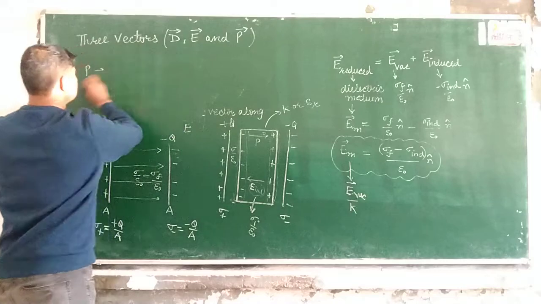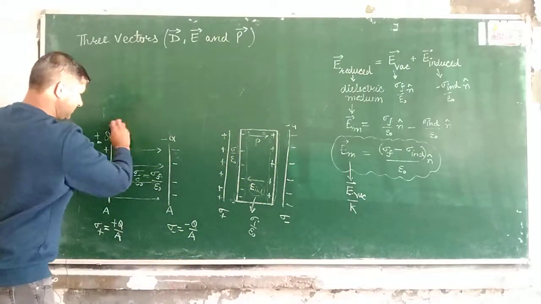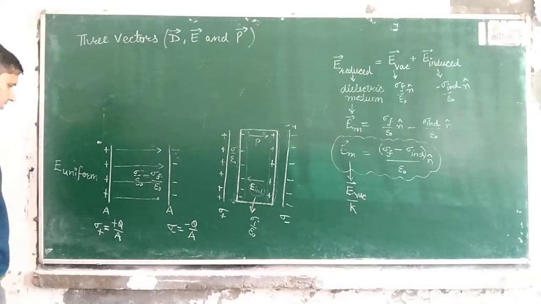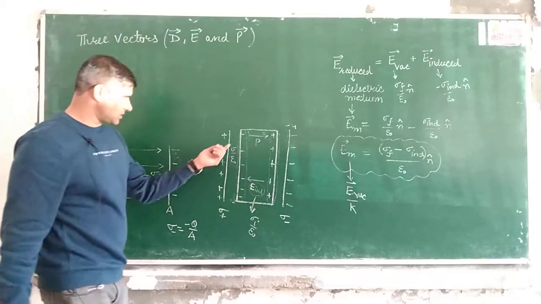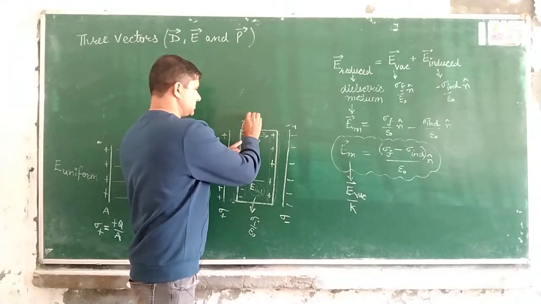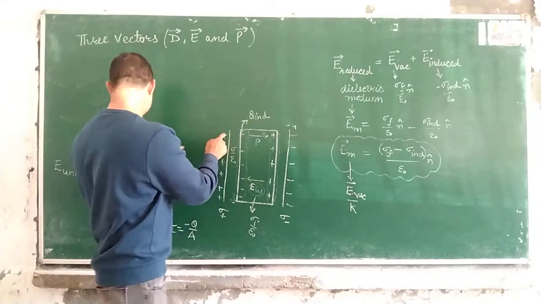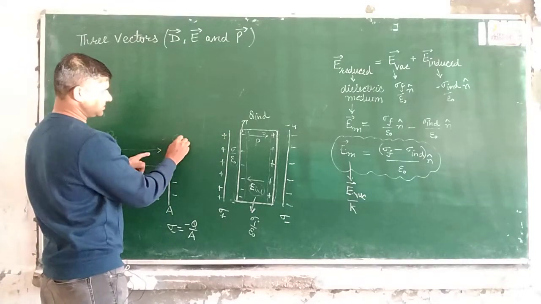Now class, we will connect vector D and vector E here, and we will see what is the relation between the induced charge, let this induced charge be Q induced, and this charge is plus Q free and minus Q free.